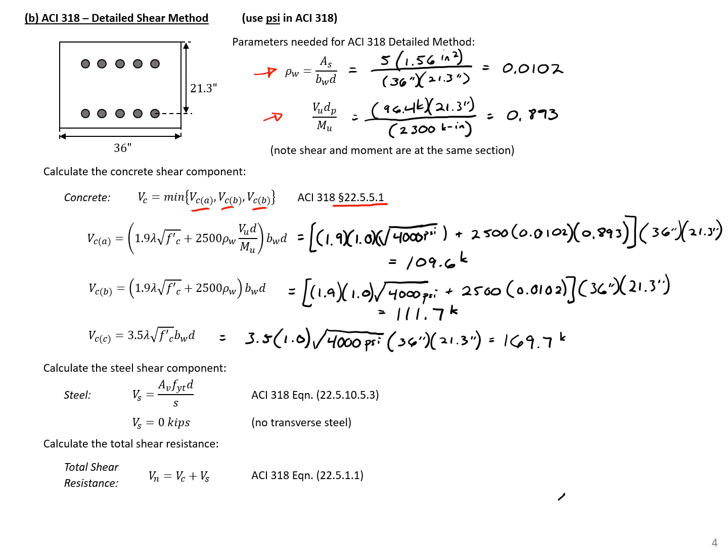So we're taking the minimum of these, so we can see that our minimum here is 109.6, so that's our minimum value that we'll use. Again, we have no shear stirrups, so our Vs is still equal to 0, and then our Vn is just equal to our Vc, which is equal to 169.7 kips. And that's how we use our detailed shear method.